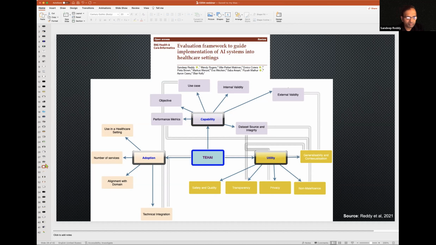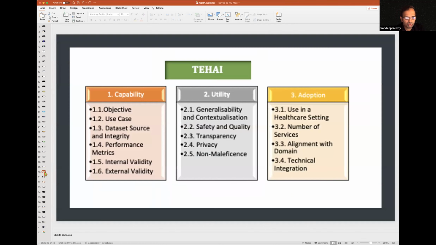So again, I recommend you review the paper rather than me going into detail, but I just wanted to highlight a couple of key components in the evaluation framework, which includes 3 main components: capability, utility, and adoption. And between those 3 components, you have 15 subcomponents. Capability really assesses the intrinsic capacity of the model.